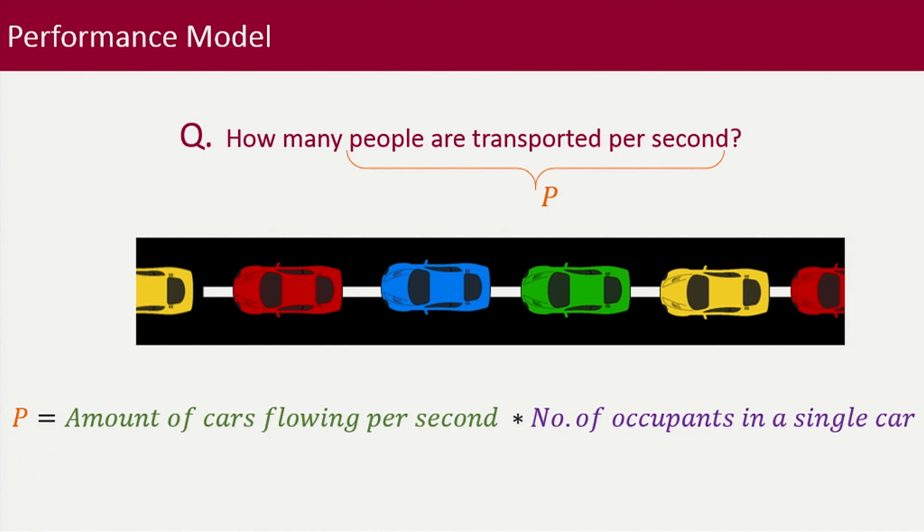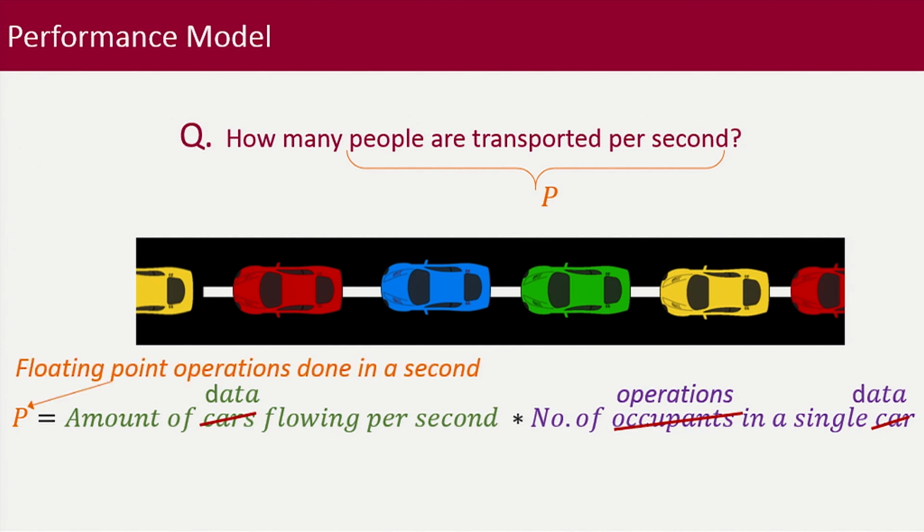In computers, it's not much different. If we consider cars as data transferred from main memory and occupants as floating point operations we do on this data, then P is floating point operations in a given time. The amount of data flowing per time is called bandwidth, which is fixed for a given architecture.